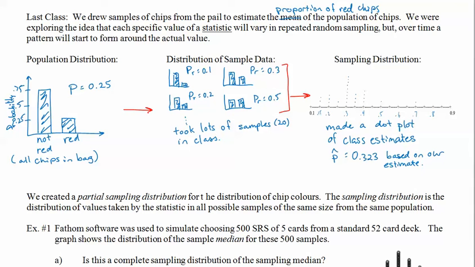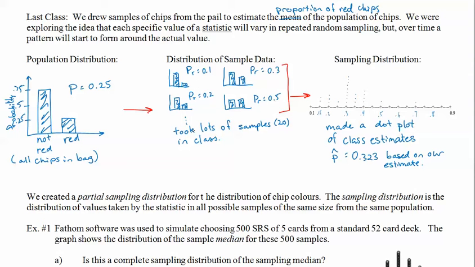Okay, so here's what we did last day. We had a bag of chips which had a population proportion of 0.25, because we had 200 chips altogether and a quarter of them were red. From that, we each took a sample of 20 chips and calculated the proportion of red chips in our sample.